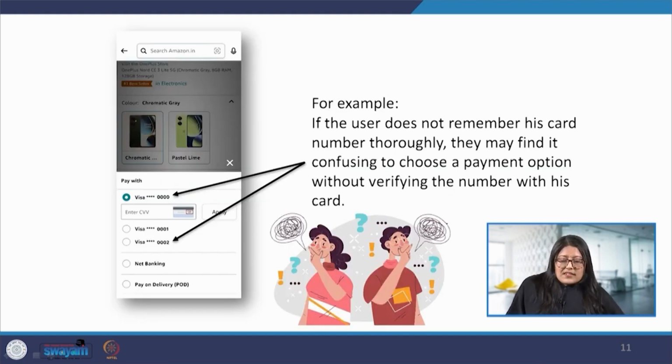For example, maybe the user has forgotten which card he or she uses on this platform more often than not, and may have forgotten the entire number of the card, which would not allow them to make the purchase online.